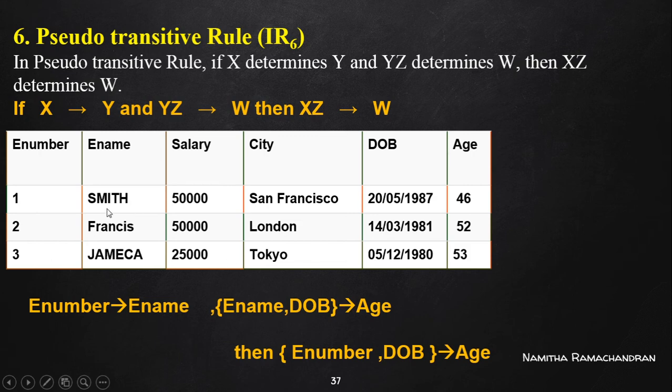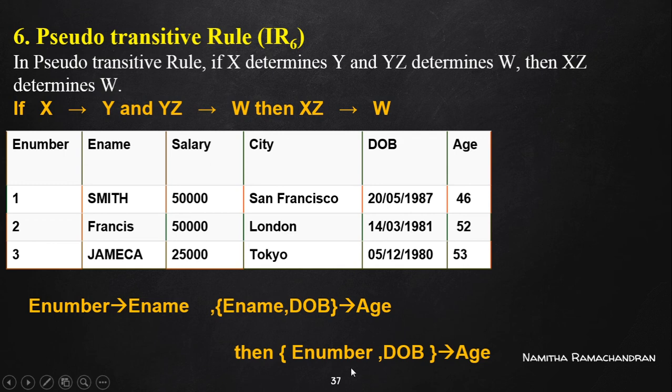That means you are given the name and date of birth. Okay, we know the name like Smith and date of birth of Smith. Using this information, we can derive the current age of the employee. Okay, so these two are available.